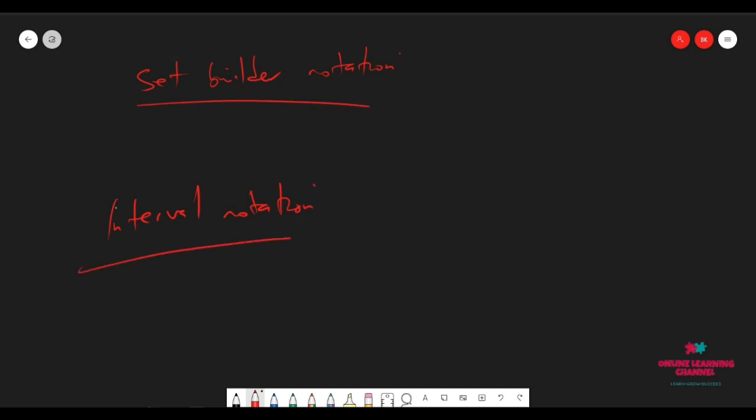So we have what we call the set builder notation, and then we also have what we call the interval notation. Set builder notation and interval notation.